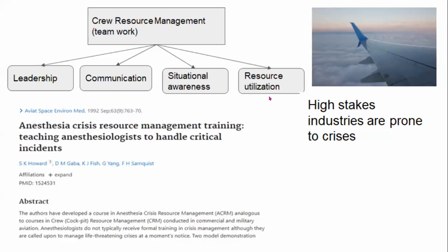This CRM was adopted early by the anesthesia fraternity, and Gaba has written a lot about CRM in anesthesia. In anesthesia, it's called ACRM, Anesthesia Crisis Resource Management, where a lot of emphasis is placed not only on technical but on non-technical skills, because it is important especially in crises.